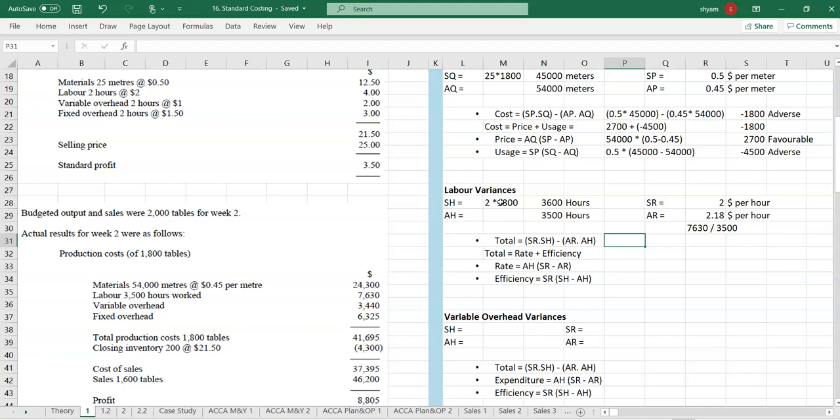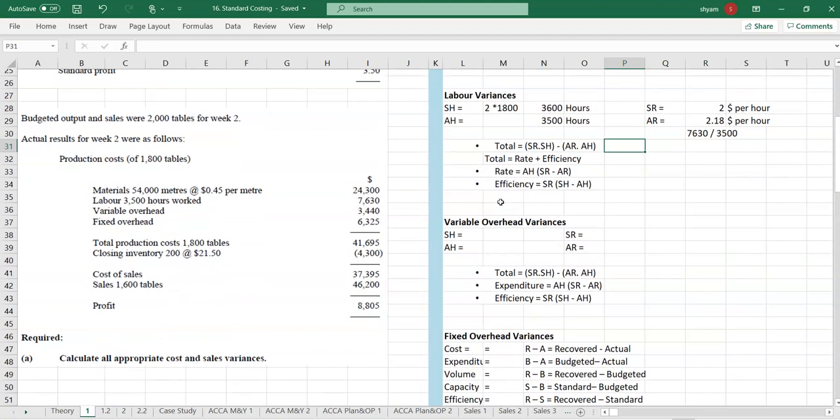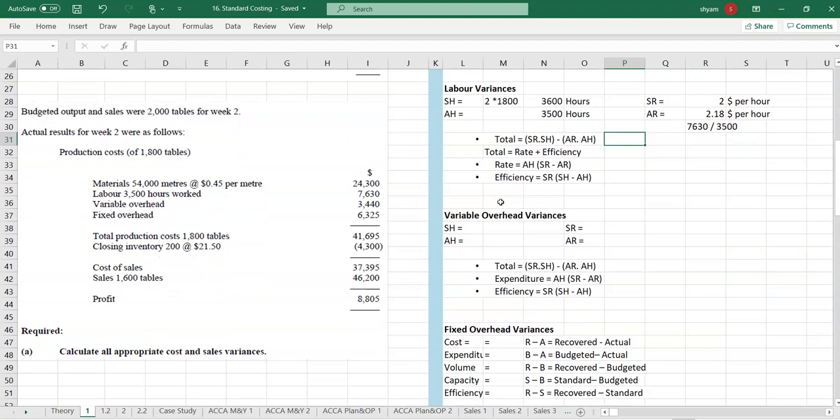Now we will find out the formulas for it and we can get the answer. So SR is 2, SH is 3,600, and AR is 2.18, AH is 3,500.